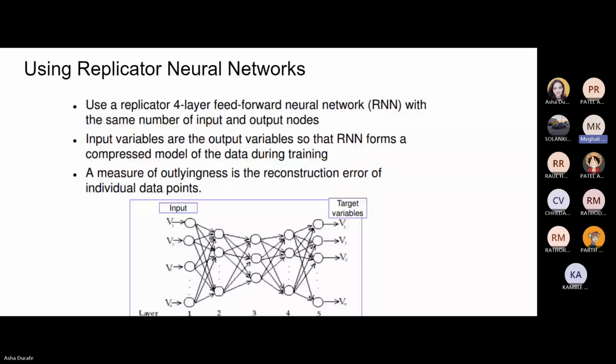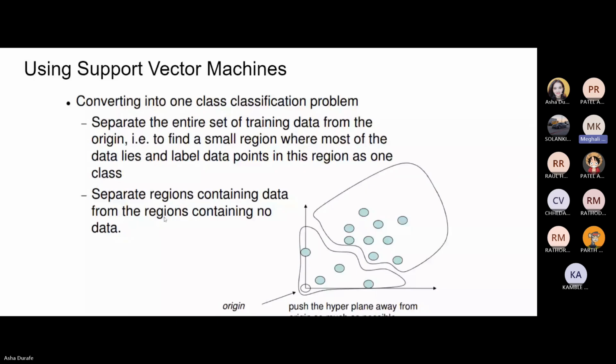Then another strategy can be using SVM, support vector machines. Here you are converting it into a one class classification problem. You have to separate the entire set of training data from the origin. That is, you have to find a small region where most of the data lies and then label the data points in this region as one class.